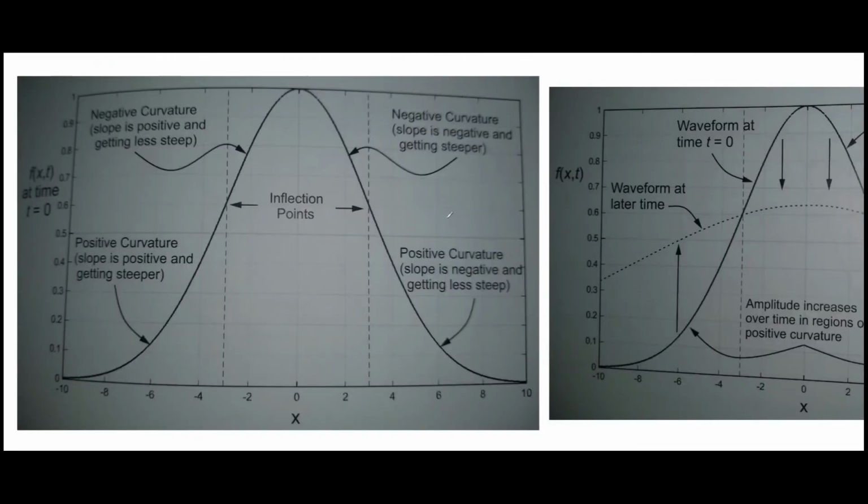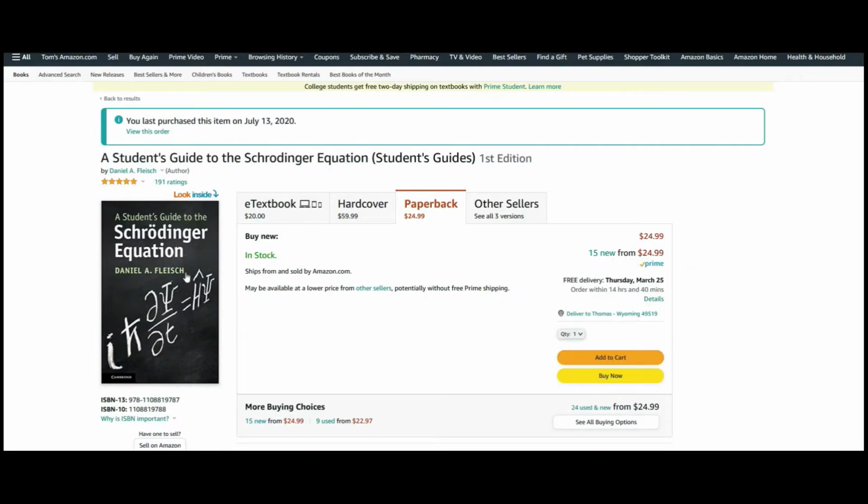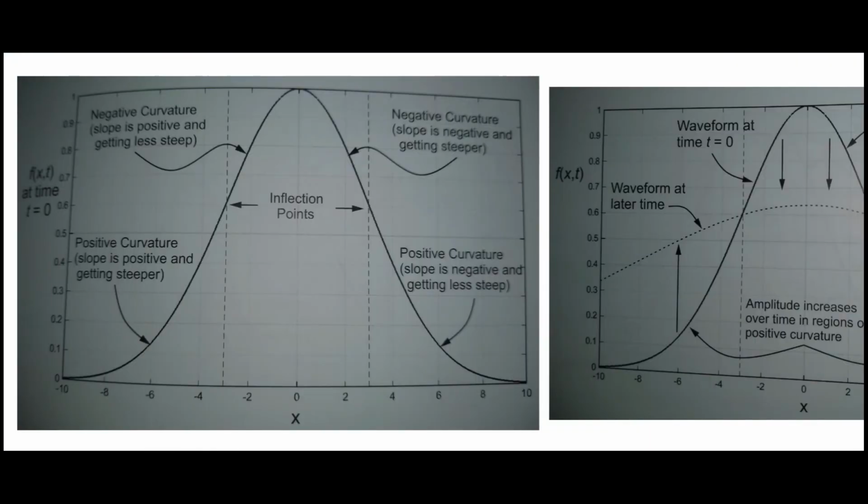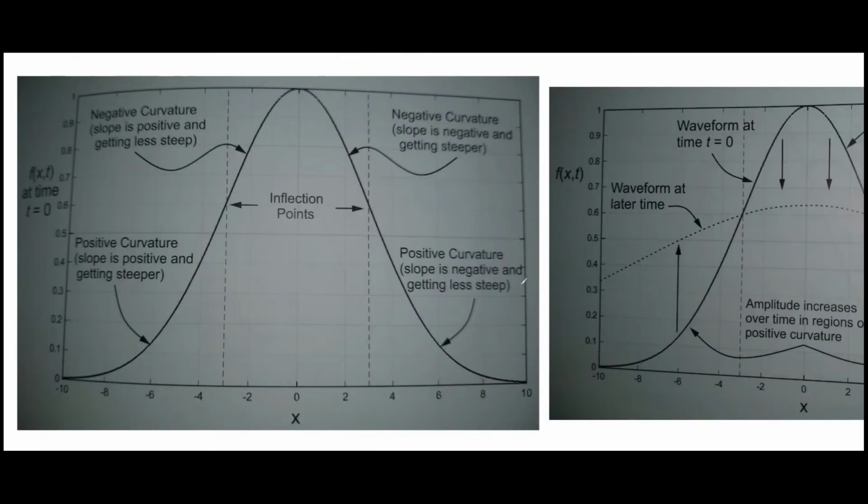So these are the figures. I just took a picture of them with my phone here. These come from that book that I was talking about, A Student's Guide to the Schrodinger Equation. And so what we see here is talking about it in terms of the diffusion equation, and we see how that works here, in space, I guess you could say.